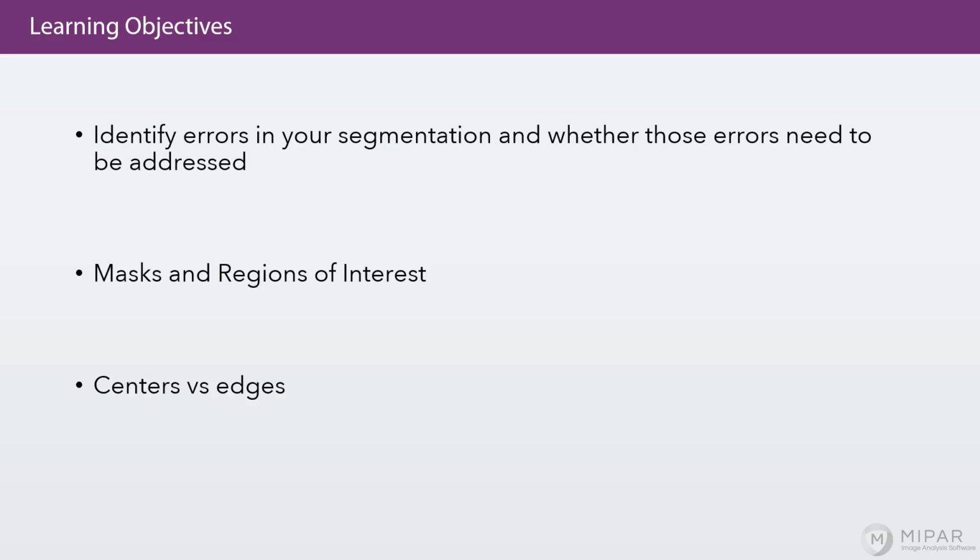On the titanium image, we'll use a mask and a region of interest to make our area fraction measurement more accurate. And then on our cell colonies image, we'll look at the differences between the centers of our features and the edges of the features, and how sometimes you have to do multiple stages of segmentation in order to get both of them identified properly.